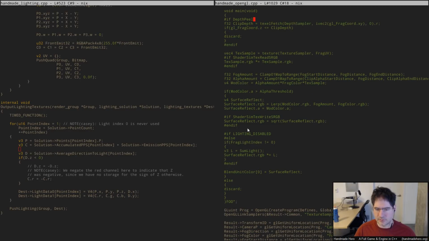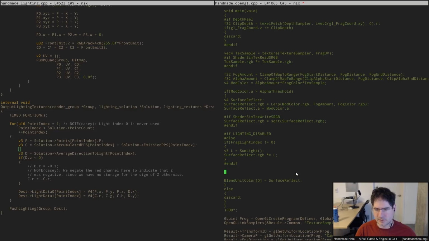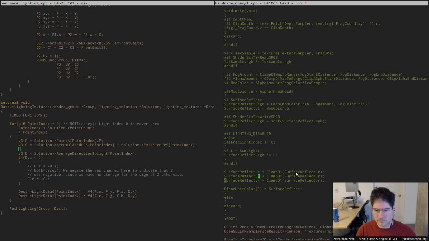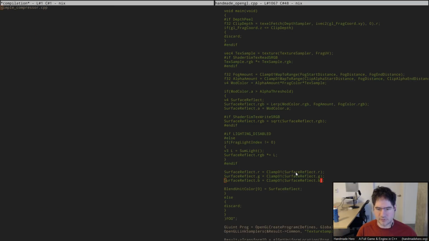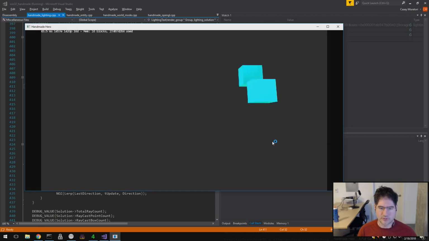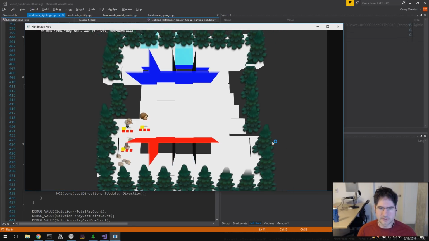So I think I'm just going to go ahead and say that they're going to get clamped in the shader. So in here, whenever stuff happens and we end up taking whatever the surface reflectance is, I'm then going to go ahead and clamp that. So I'm just going to make sure that that value can exceed 1 and it won't cause weird color overflow artifacts, right?